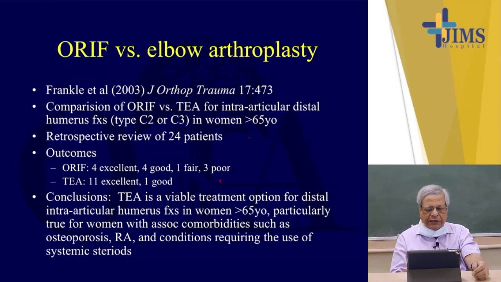Total elbow arthroplasty is a viable treatment option for distal intra-articular humerus fractures in women more than 65 years. Particularly true for women with associated comorbidities such as gross osteoporosis, rheumatoid arthritis, and conditions requiring the use of systemic steroids, where the bones are grossly osteoporotic.